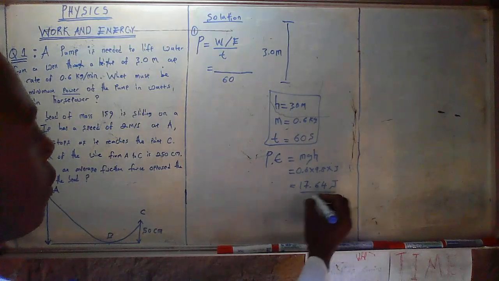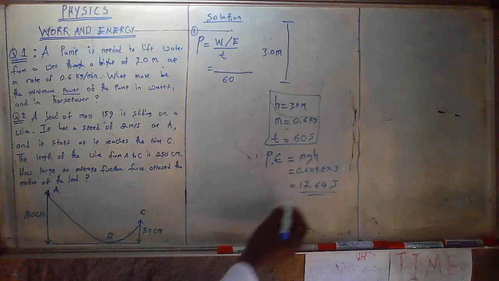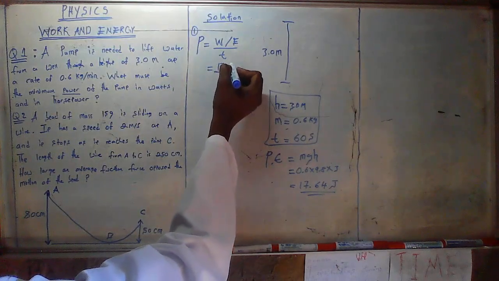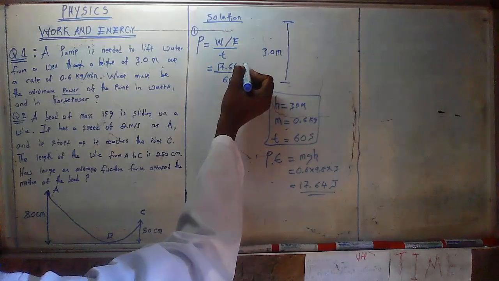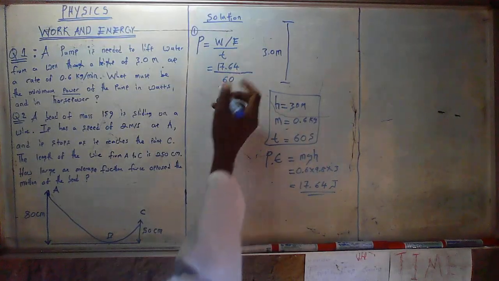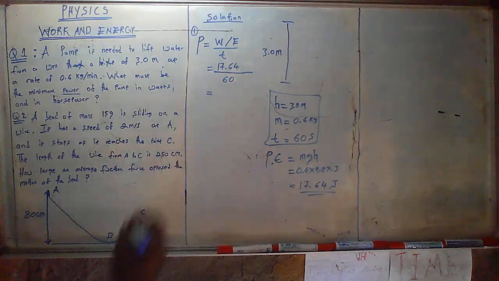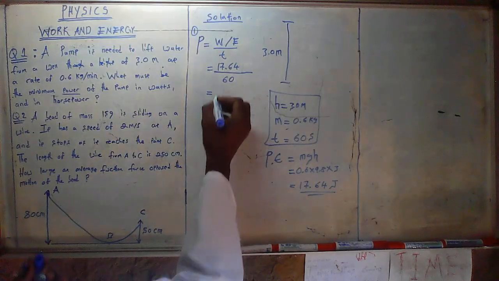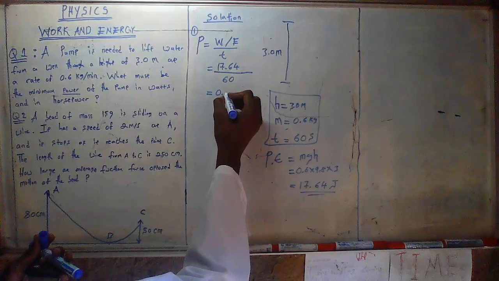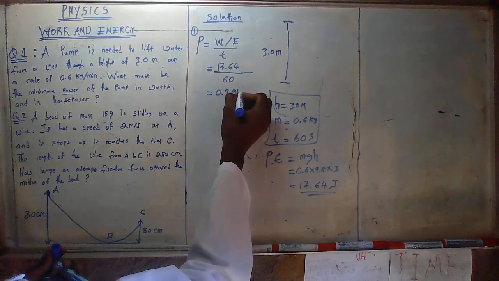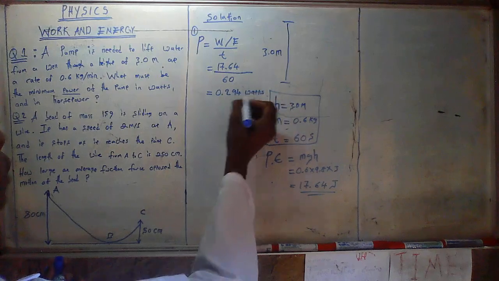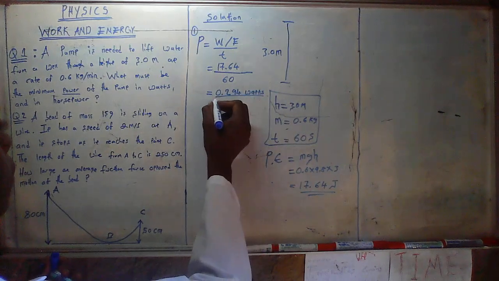Energy is in joules, so this is the same energy we put here, 17.64 joules. So 17.64 divided by 60 gives 0.294 watts. So this is the minimum power of the pump in watts.